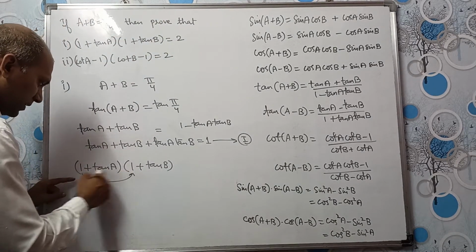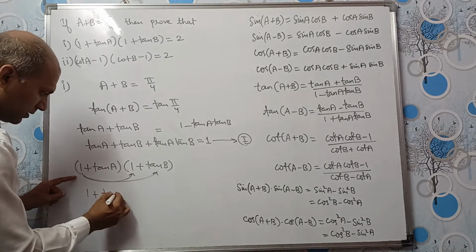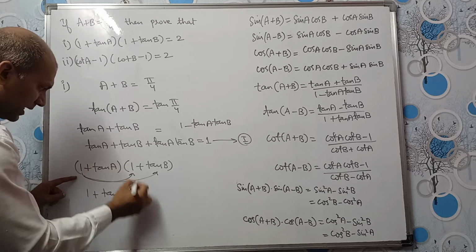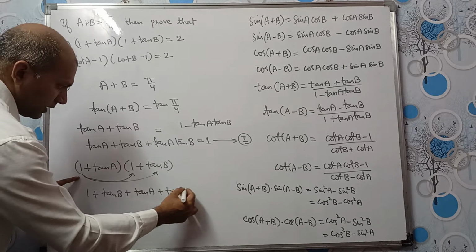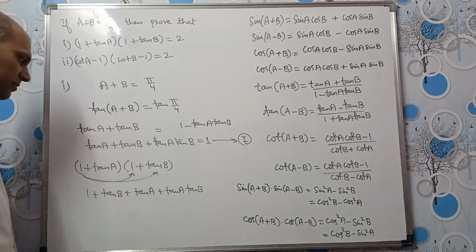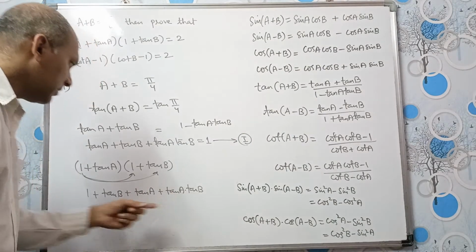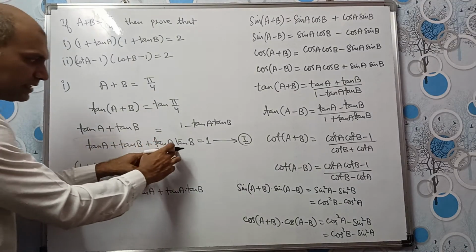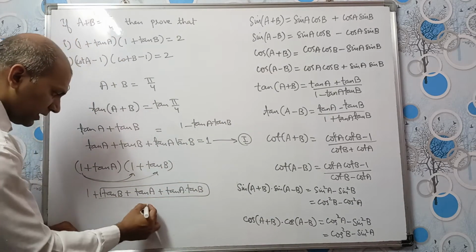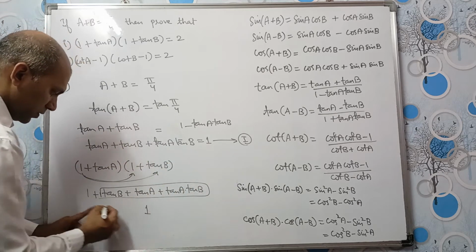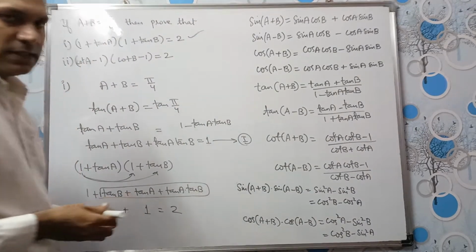Let us multiply every term now. 1 into 1 is 1, plus 1 into tan B is tan B, plus tan A into 1 is tan A, plus tan A into tan B is tan A tan B. Now see, this is tan A plus tan B plus tan A tan B. That is equal to 1. We got it. So in place of this we can write 1 because this whole thing is 1, right? So this is 1 plus 1 equal to 2. So we got the answer 2.